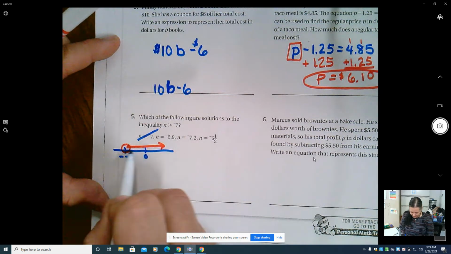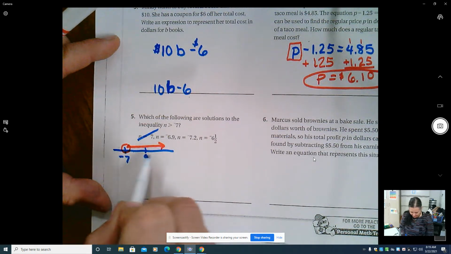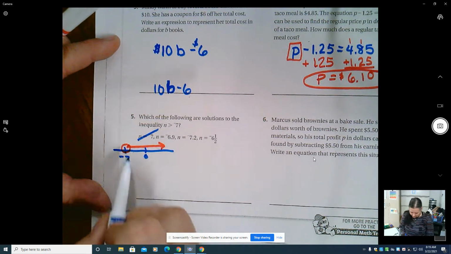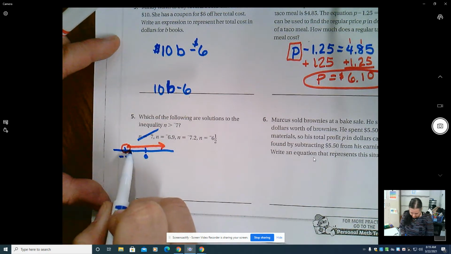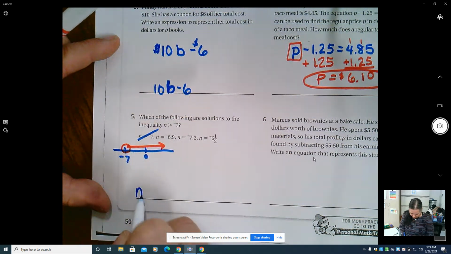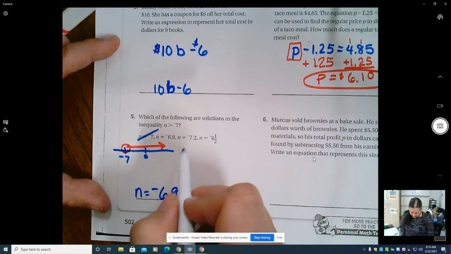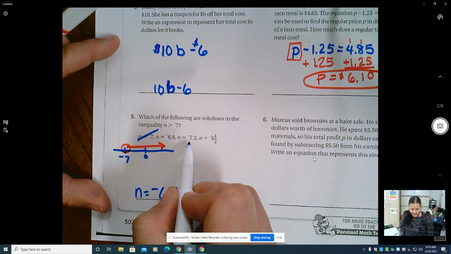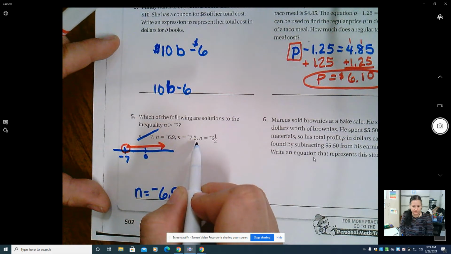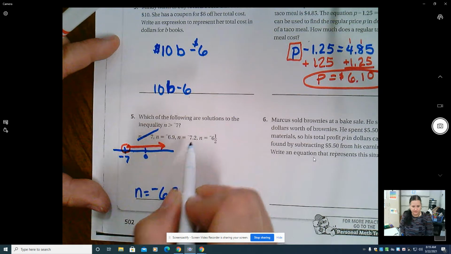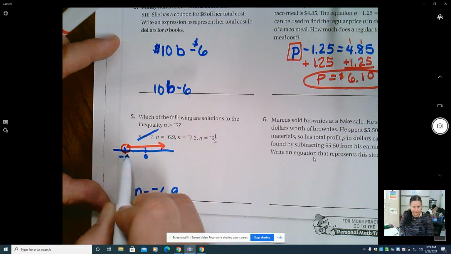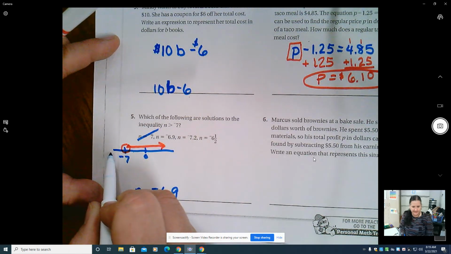It says n is equal to -6.9, and 6 comes before 7 on our number line when we're going in the negative direction. And so it would be on this side of the 7, and that would work. So n equals -6.9. Then we have n equals -7.2. That one would be over here, closer to the -8.